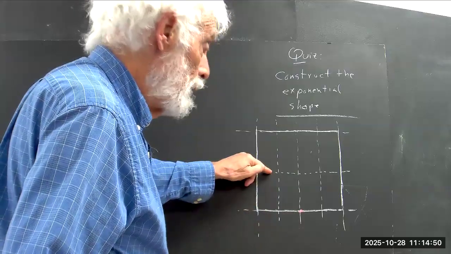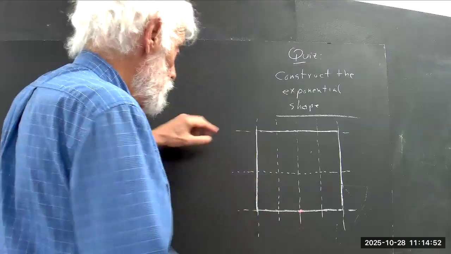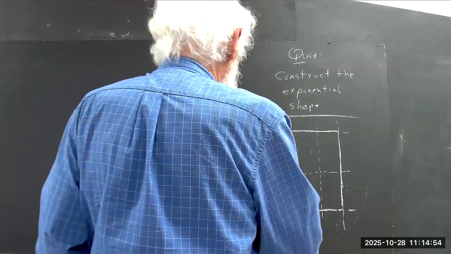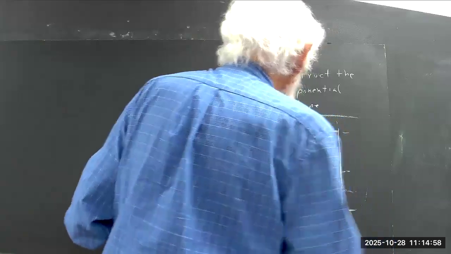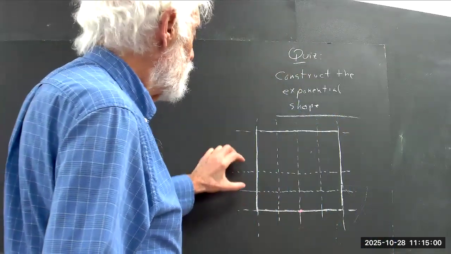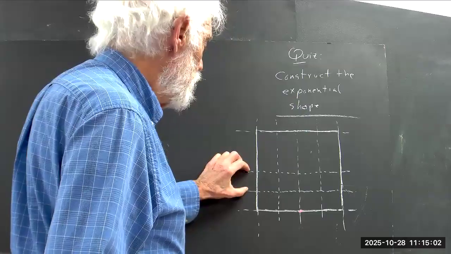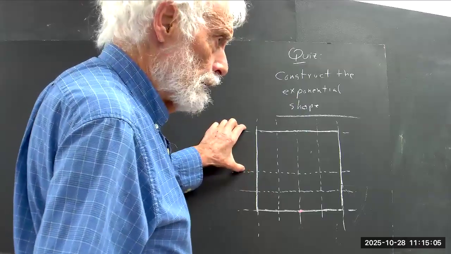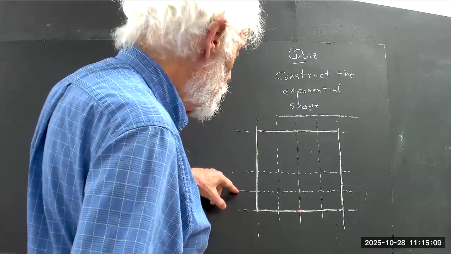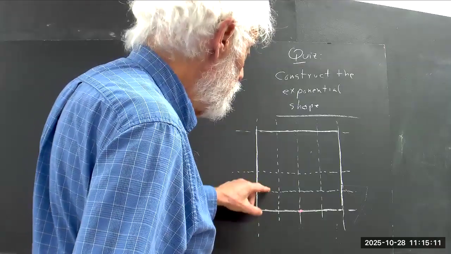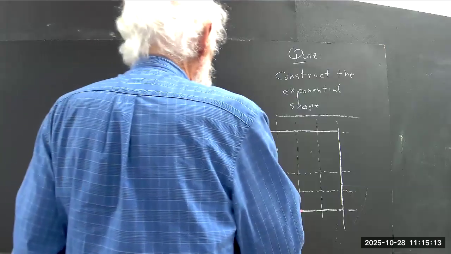Then halfway from that line to the bottom edge, we do a second line. And we notice that line is twice as close to the center line as the center line is to the top edge. Okay, then from that last line that we drew, we go again halfway to the lower edge.